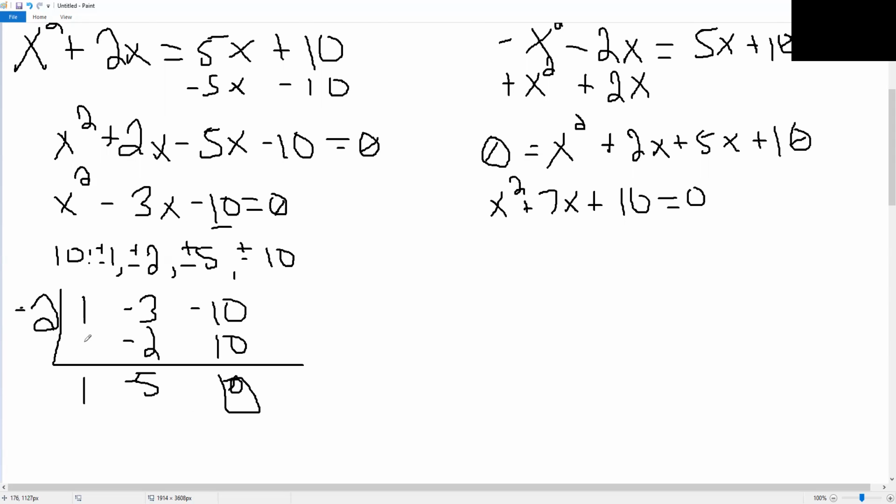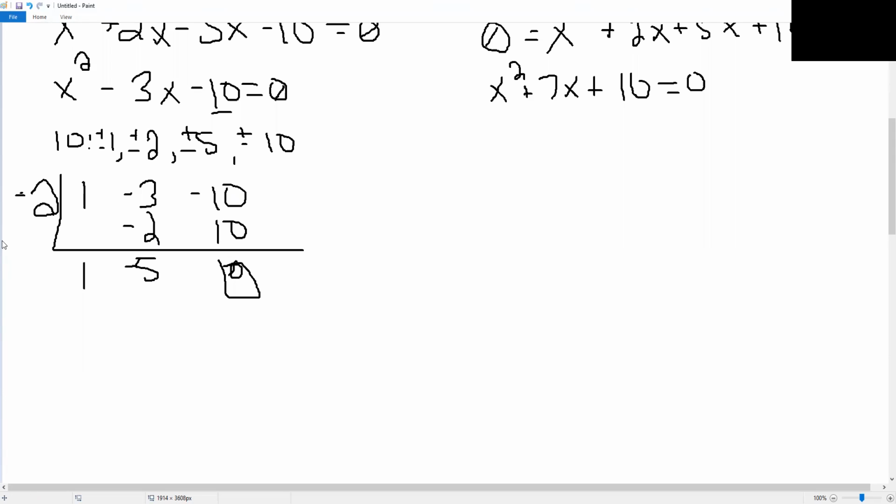That's one of our answers, -2. So that -2 can be written as x plus 2. And then if we look at what we have here, the x coefficient is just 1. And then the constant is -5. So we've solved this.